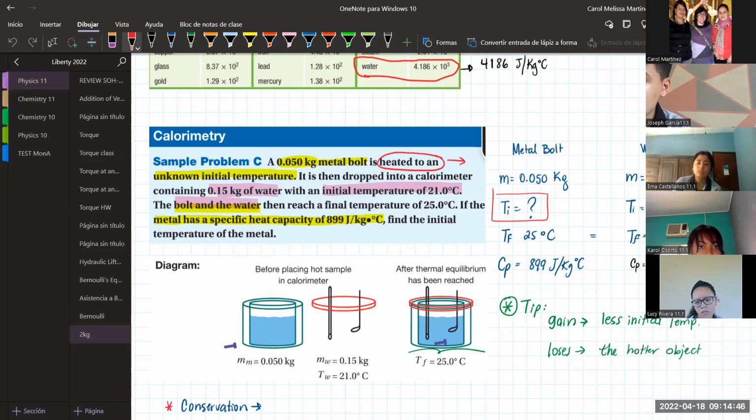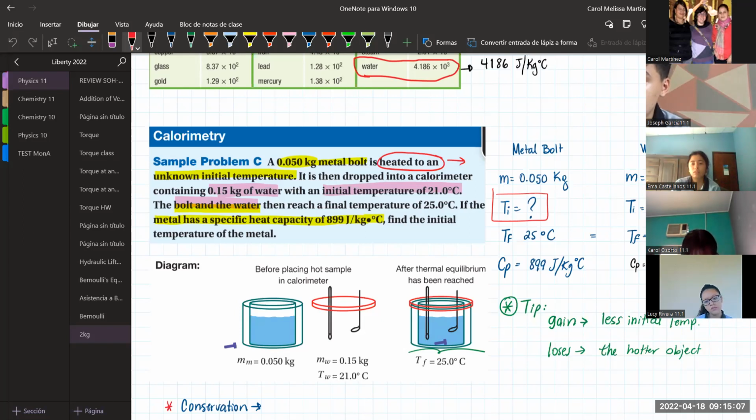Okay, why do I know that the metal is hotter? Because the initial temperature of the water is 21 degrees Celsius, which is a cool temperature for water. And if you apply heat to a metal, it's going to be greater than 21 degrees Celsius, because 21 is a low temperature.